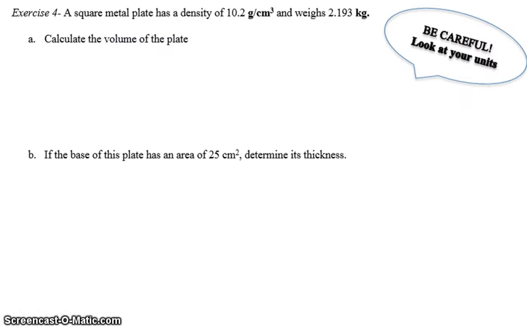Exercise 4, I'm just going to give you a few little hints, and then I want you to try this one on your own. So, a square metal plate has a density of 10.2, and it weighs 2.193.